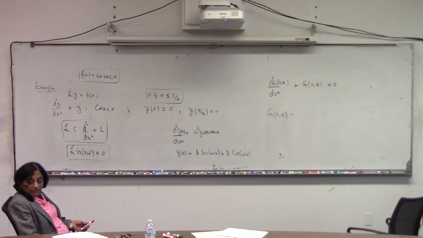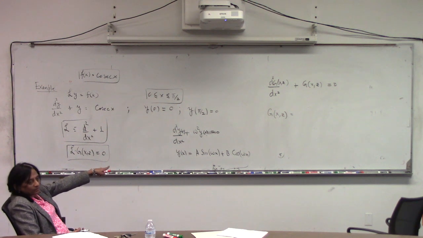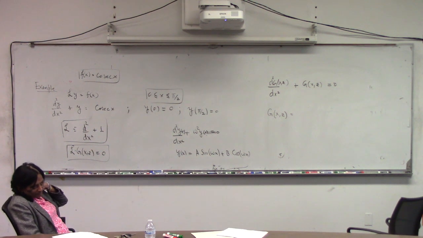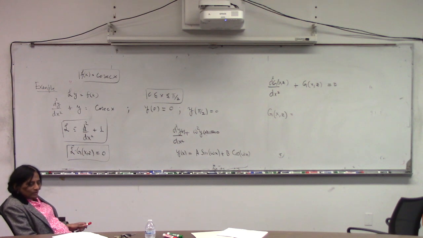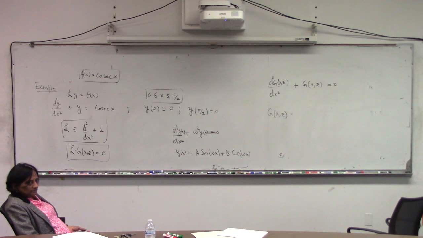Sine of x plus z. That's cos. This is clear, right? Very simple extension. You don't have to think very complicated. It's cos of x plus z.